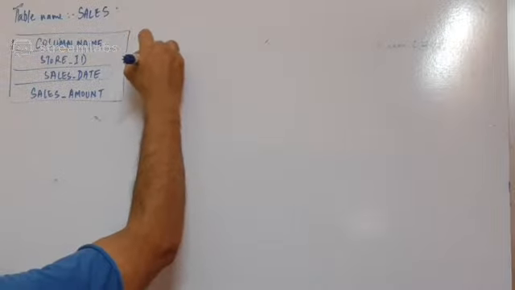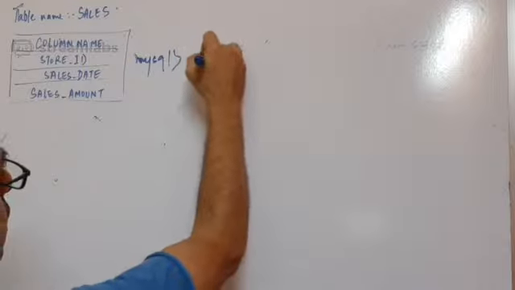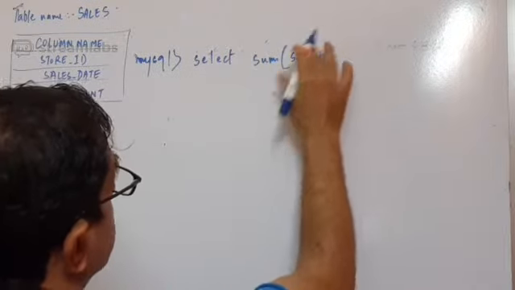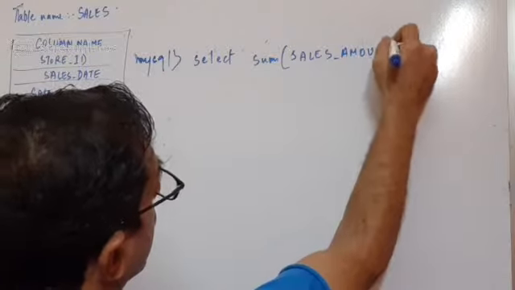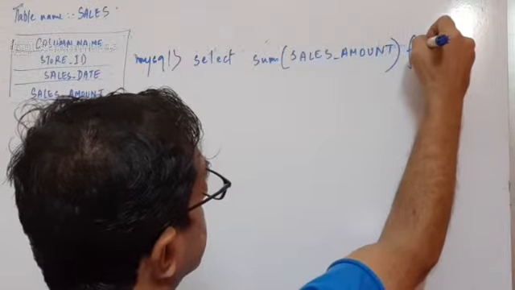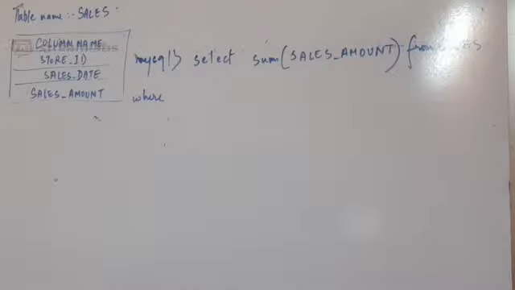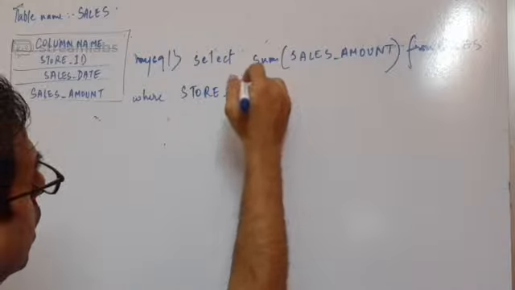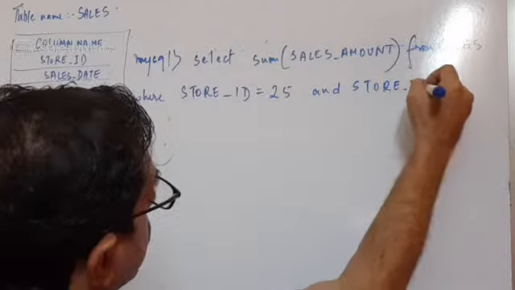So in the MySQL prompt, select sum of sales_amount from your table, which will be sales, where store_ID equal to 25 and store_ID equal to 45.